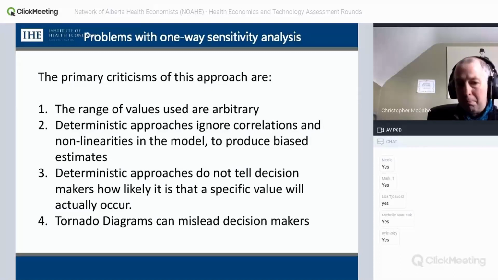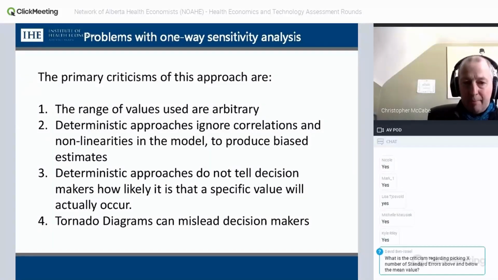And just picking a percentage variation, or even an absolute value variation, is arbitrary. We need to choose a range that reflects the evidence we have about the uncertainty around the true value of a parameter, or the value we expect to see in practice for the parameter. And conventional approaches don't do that.